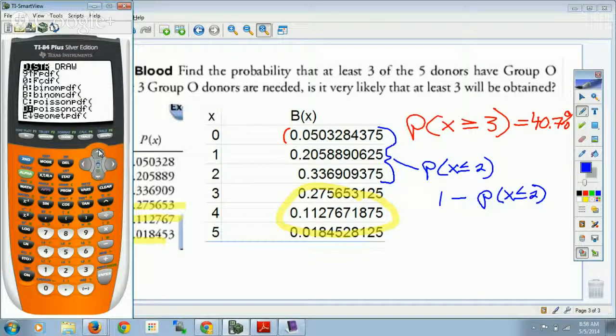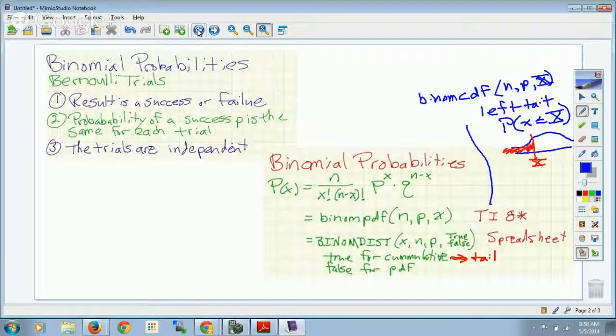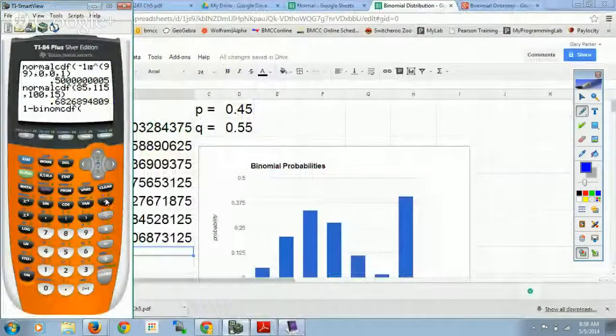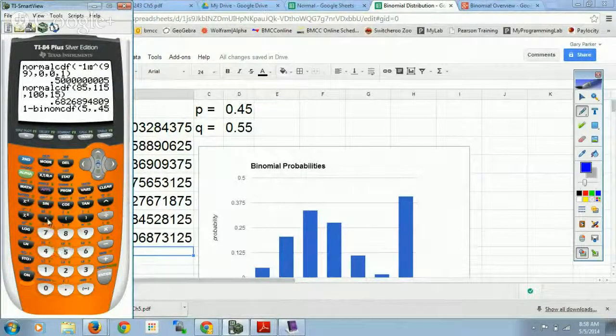On mine, it's option B. And then here I want to enter number of trials, probability, and what is the particular x value we're stopping at. Okay. So number of trials is 5, comma, probability of a success is 0.45, comma, and we are going all the way up to 2.